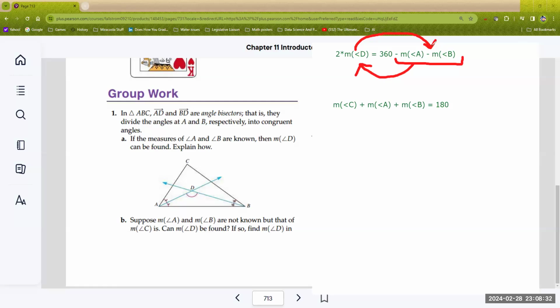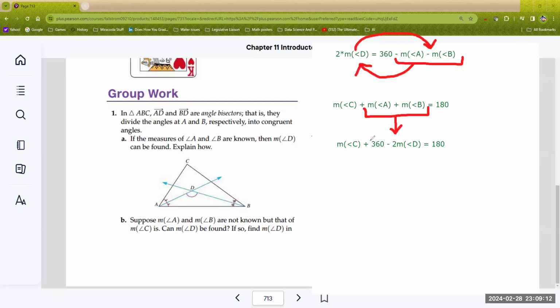And the reason why that's a cool idea is down in this next one, I see an A and a B, and I could actually replace those with what I just discovered, which is measure of angle B minus measure of angle A plus that measure of angle A is going to give us 360 minus 2 times the measurement of angle D. Okay, and that equals 180. And the first part is actually the measurement of angle C. Okay, so let me move that over just a little bit so it lines up.